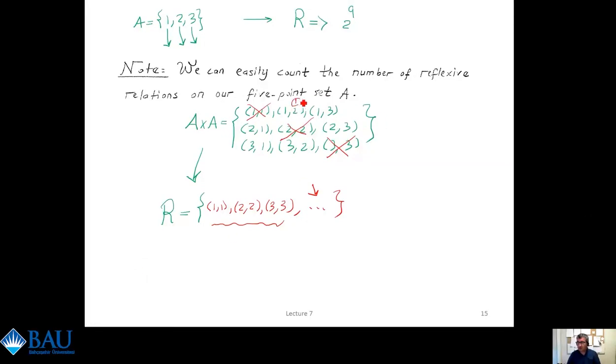1 is a possible, 2, 3, 4, 5, and 6. Here we have 6 elements, and you can pick any subset of these elements. How many possible subsets do we have if a set has 6 elements? 2 to the power 6 different ways. 2 to the power 6, not 6 to the power 2, Ali.